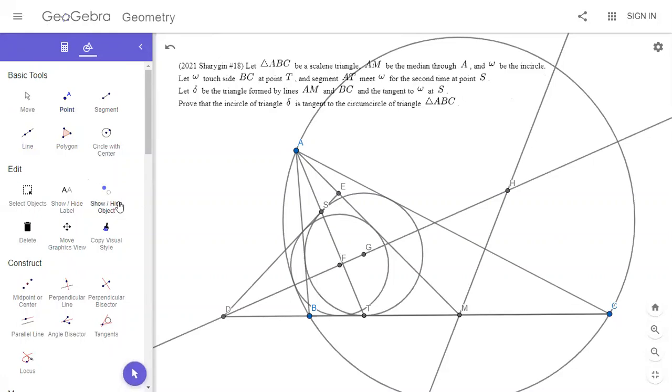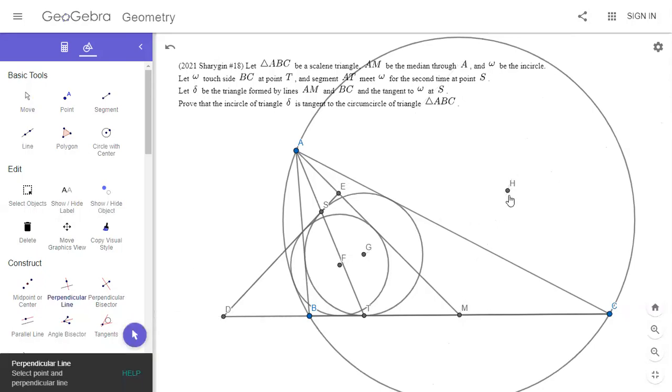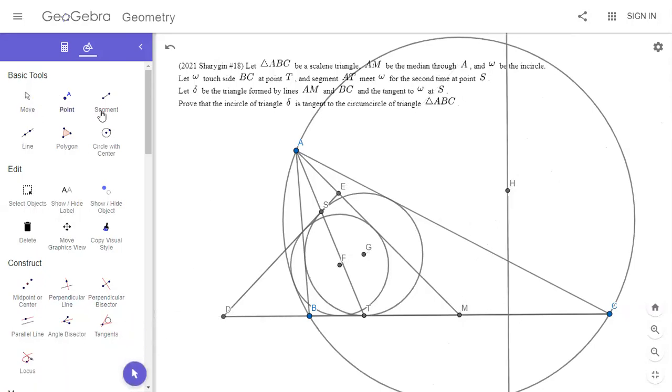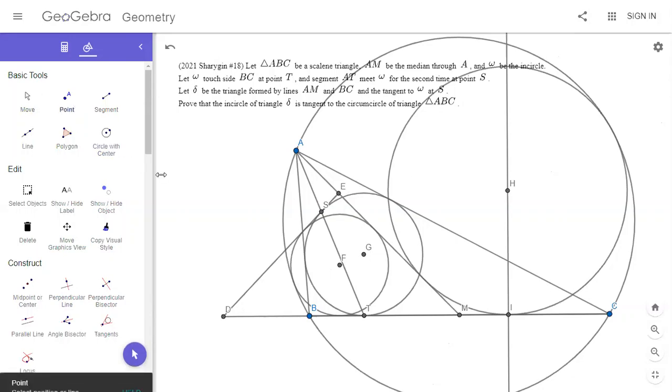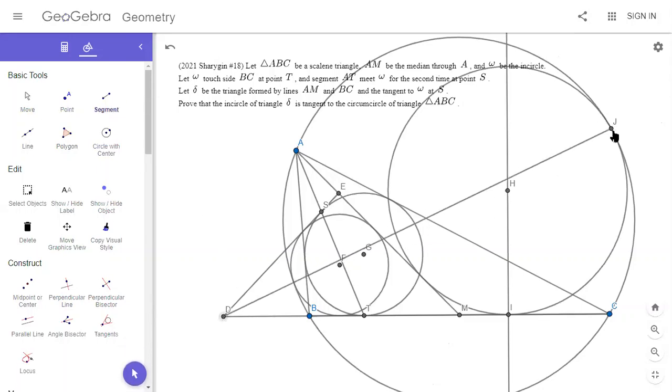so I'm going to hide some things. Sawayama's lemma says that I think there should be another circle like this that's tangent. And these circles are all sort of homothetic. Let's see. Huh.